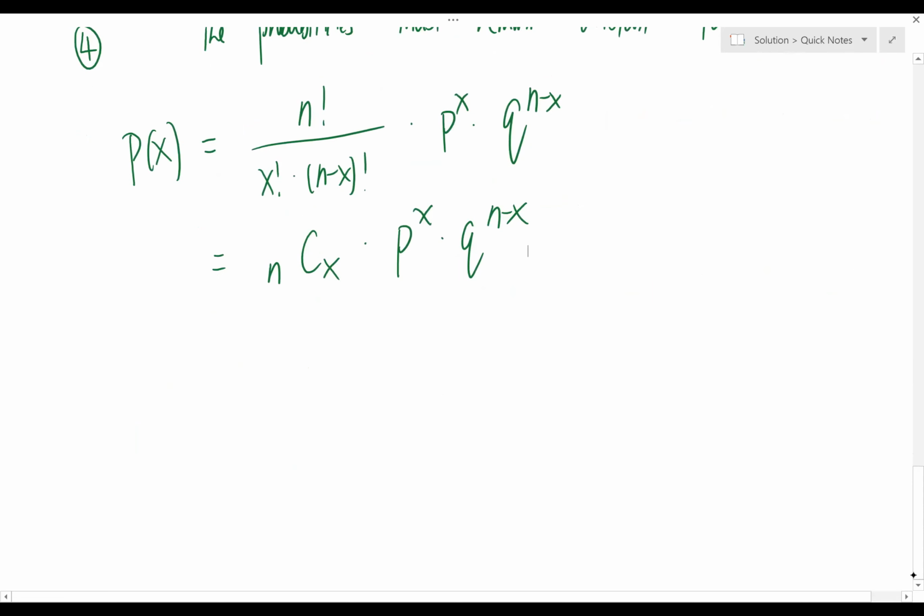And here, n is the total number of trials. X is the number of successes. In that flip coin case, meaning the number of heads you get out of 5 trials. We're assuming getting a head is a success event, and then P is the probability of success, meaning probability of a head, which is 0.5.